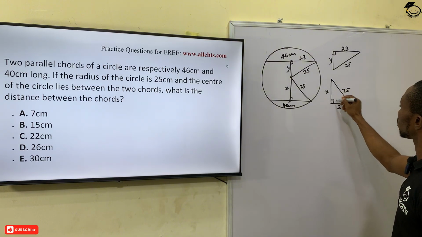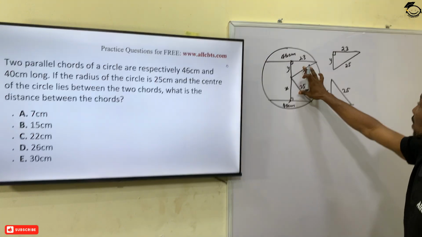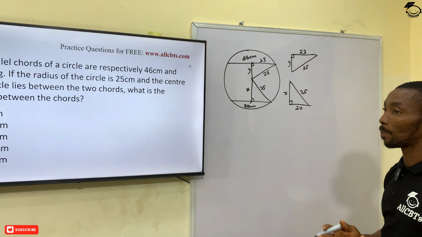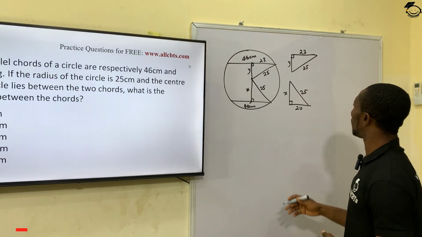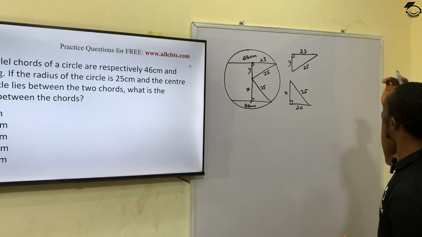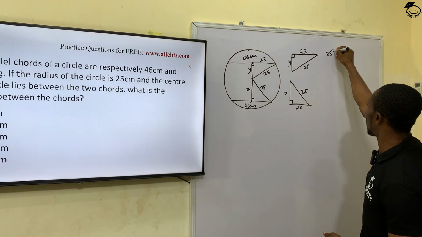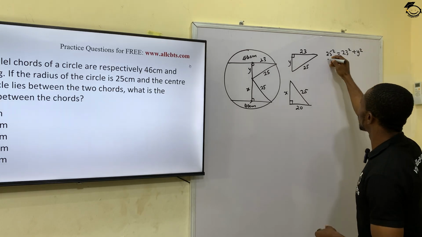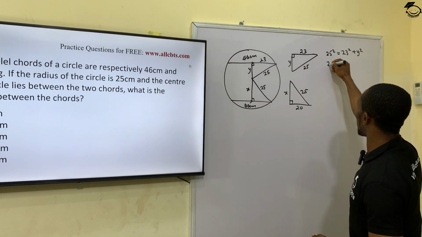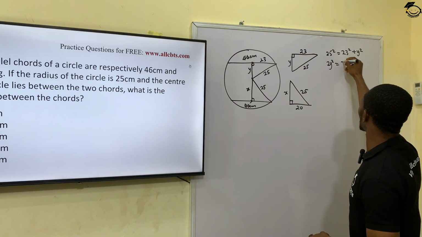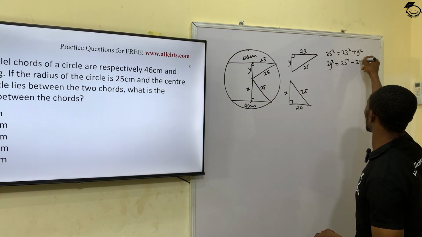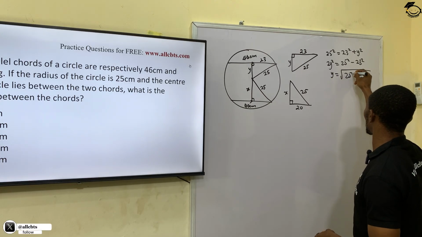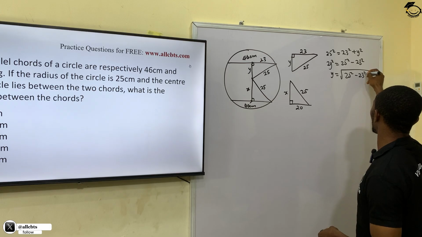Now, in both of these triangles, we have a right angle triangle, so we can apply our Pythagoras theorem. In application of our Pythagoras theorem here, we have 25 squared equals 23 squared plus y squared. So y squared equals 25 squared minus 23 squared. So y equals square root of 25 squared minus 23 squared.